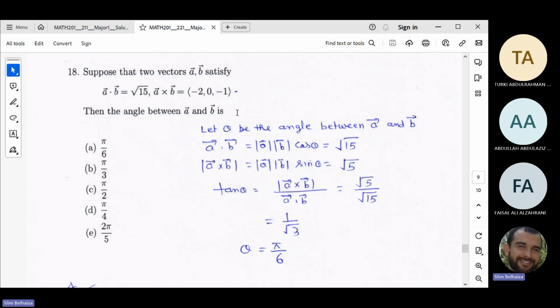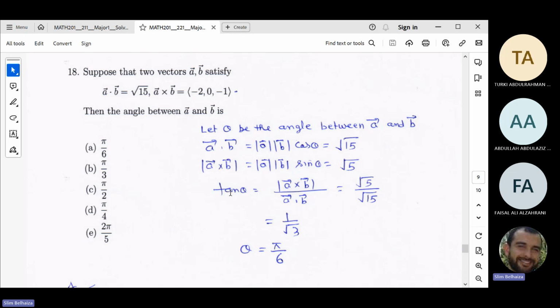Any questions, guys? This one is on the cross product. Suppose that you have two vectors a and b that satisfy the following: the dot product gives you root of 15, and the cross product gives you this. We'd like to find the angle. First, the dot product gives you one equation, and the cross product in magnitude gives you a second equation.